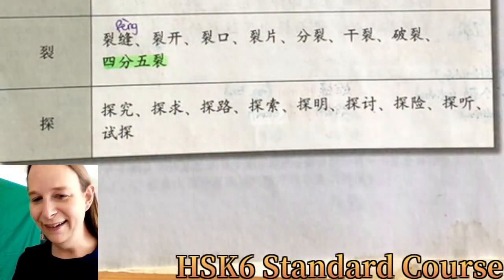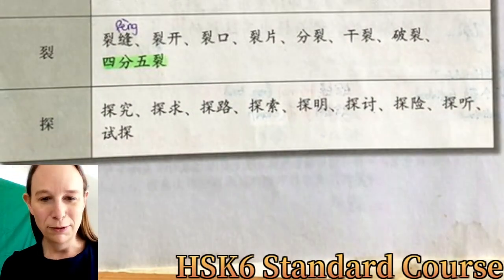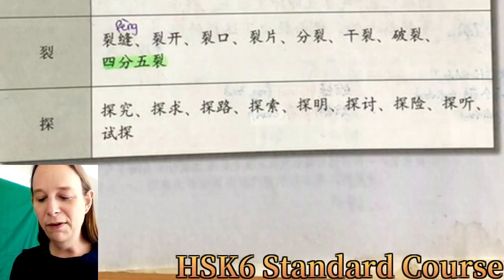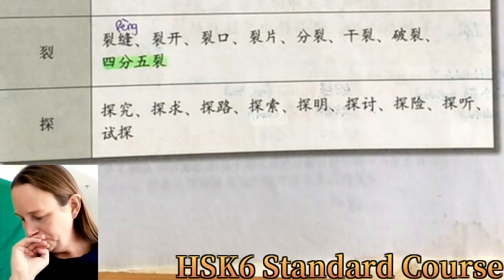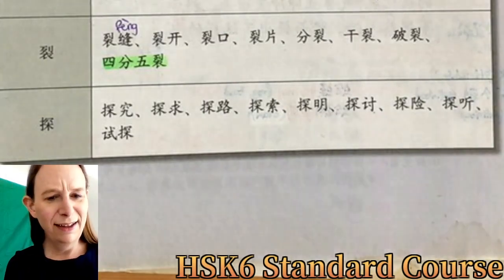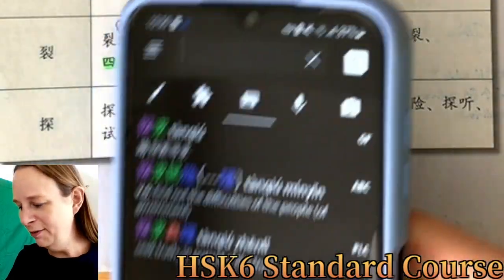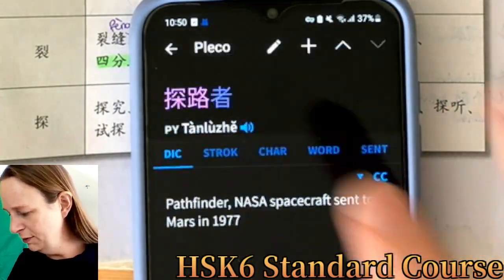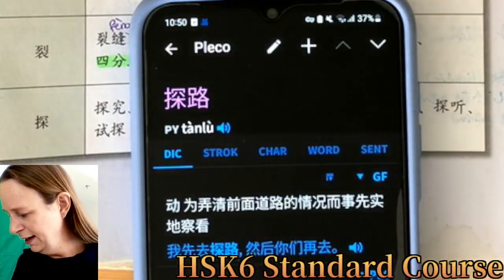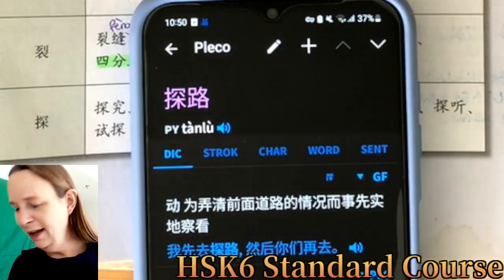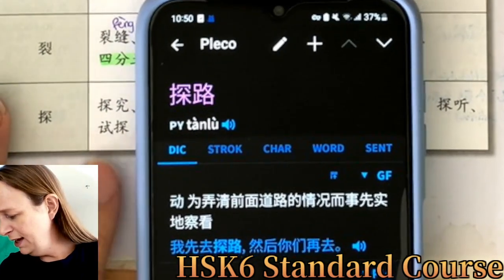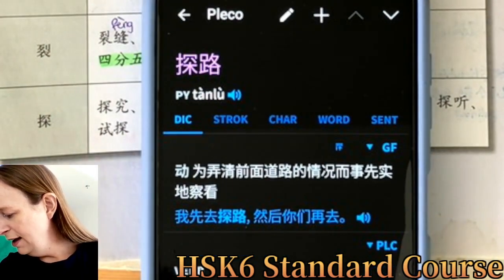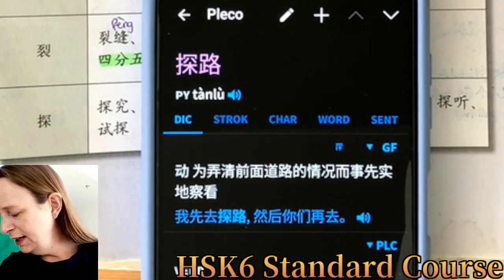They're like redundant. 探路, yeah, this one, okay, to explore a road. Maybe you're in a new location and want to find your way around. 探路. Explore the way. 为弄清前面道路的情况而事先实地查看.